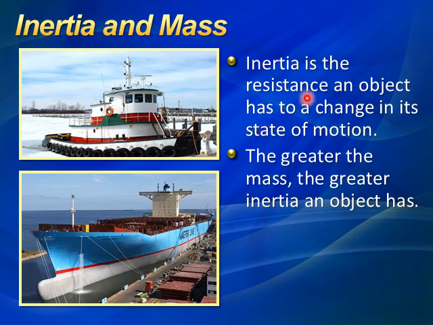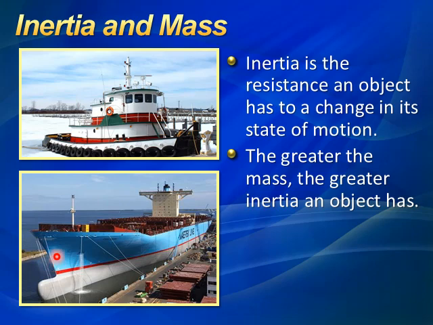Less ang resistance para baguhin niya yung kanyang state of motion from being at rest to moving. Then, sa ship naman, in the same way, dahil malaki yung kanyang mass, malaki din yung resistance niya para mapabago mo yung kanyang movement from being at rest and then moving into a certain speed. Okay? So, yun ang ibig sabihin nun.